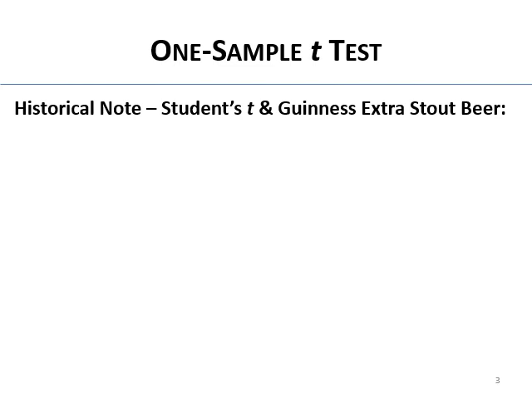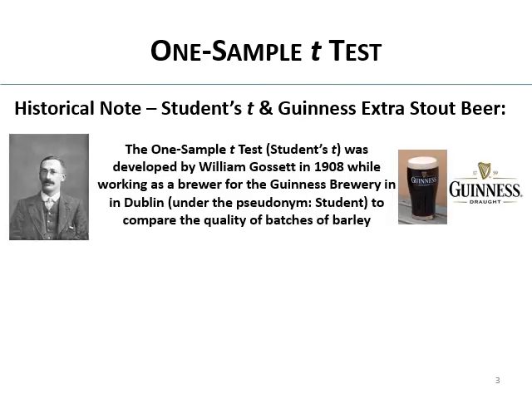So this one's a little interesting, this particular test, because it actually comes from beer. So Student's t comes from Guinness, actually. It turns out that the one sample t was invented by this guy, William Gosset, in 1908, when they had to do stats by hand. He was working as a brewer for Guinness in Dublin, and he wanted to compare the quality of batches of barley to some expected average.